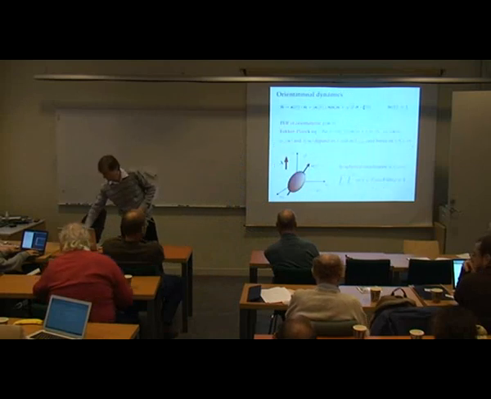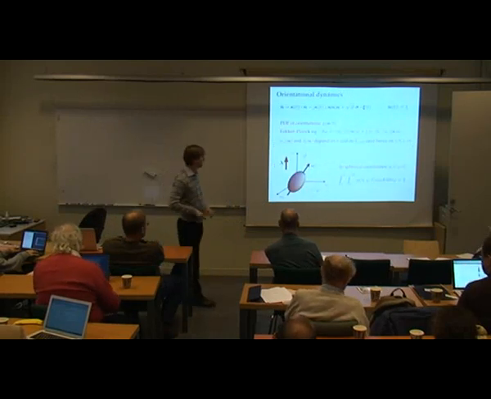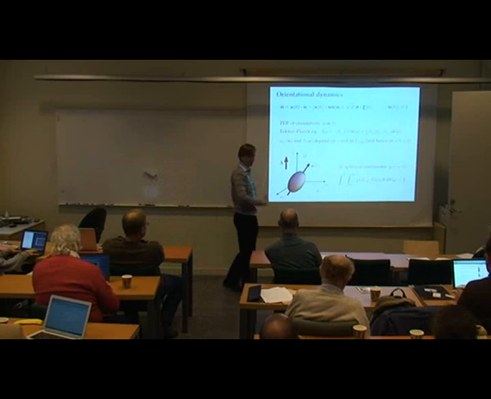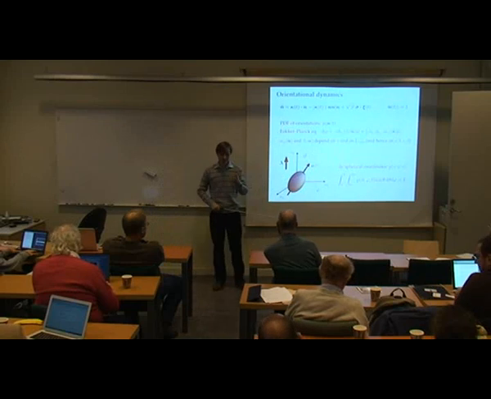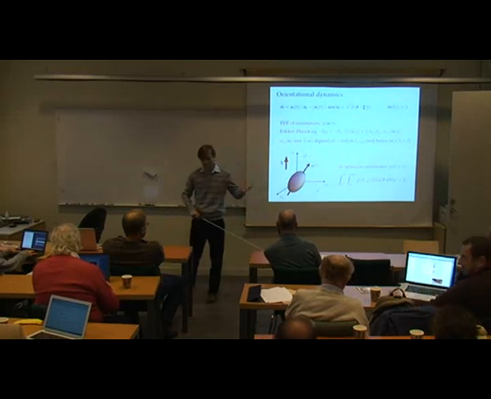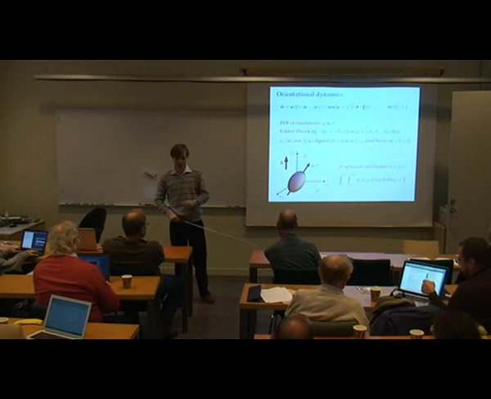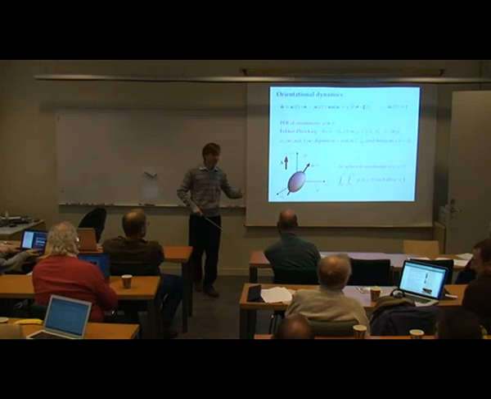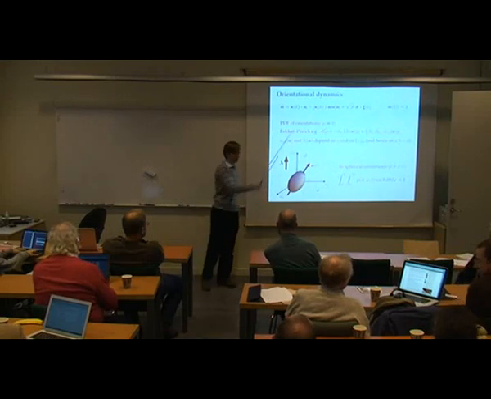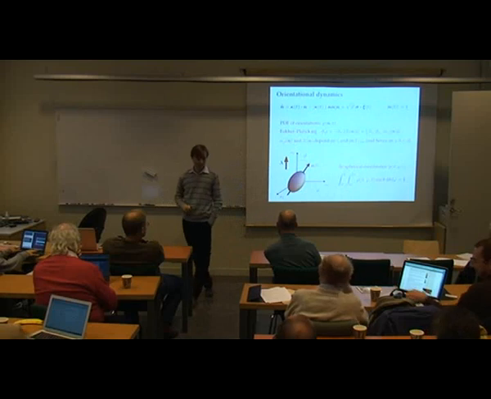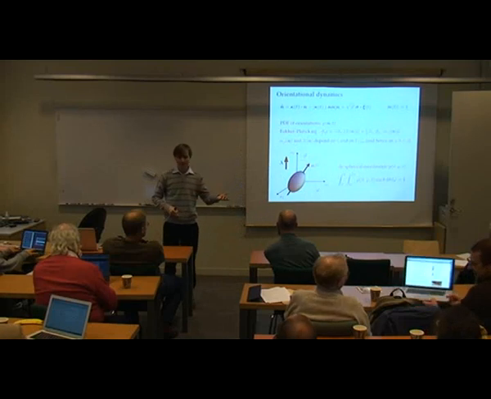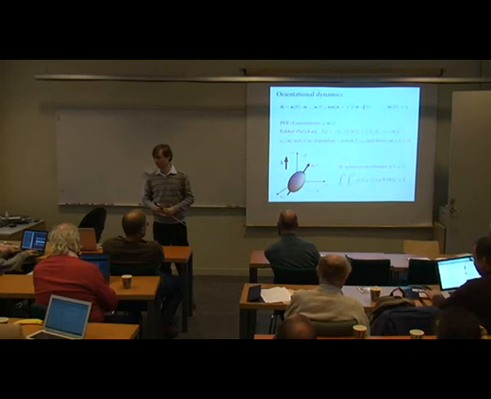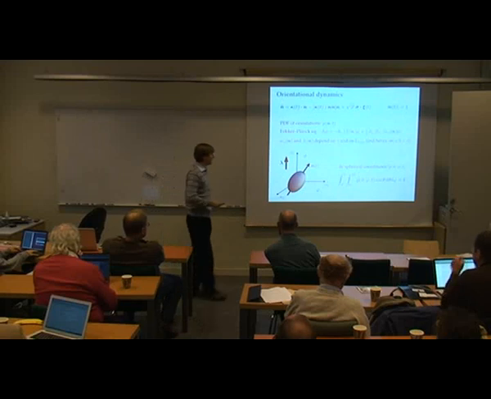Now, if we assume this kind of statistics, the evolution of the orientation vector will be a stochastic differential equation where there are two sources of noise, Brownian motion and the velocity field. And so it makes sense to define a probability density function of the orientation vector, both with respect to noise and with respect to the velocity field.